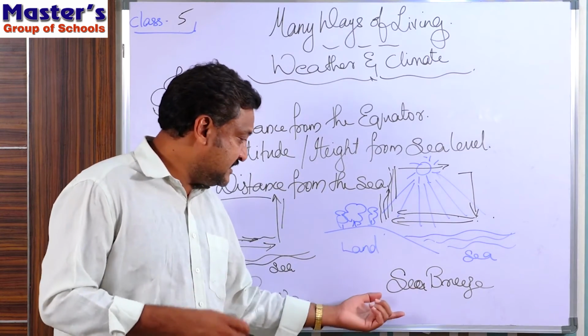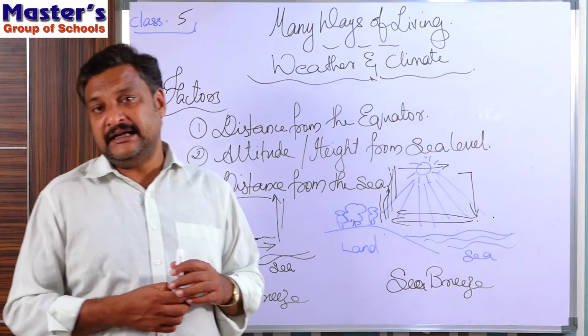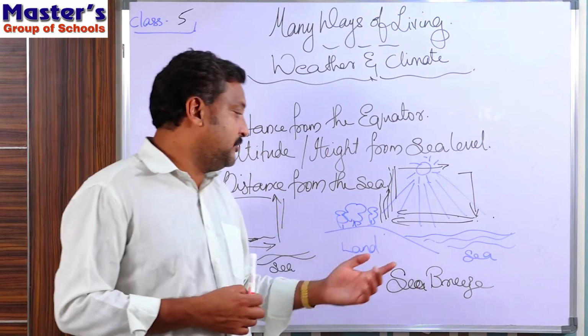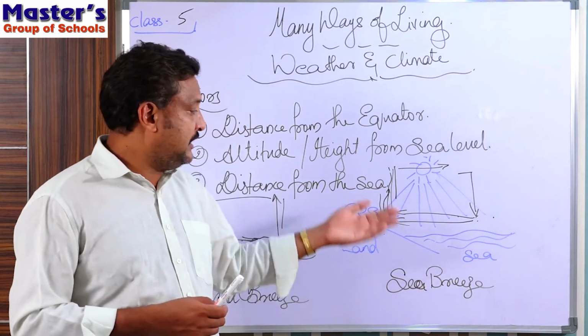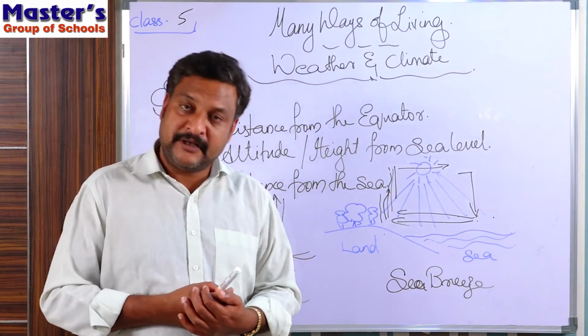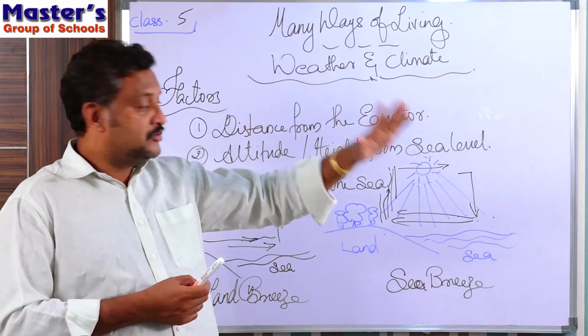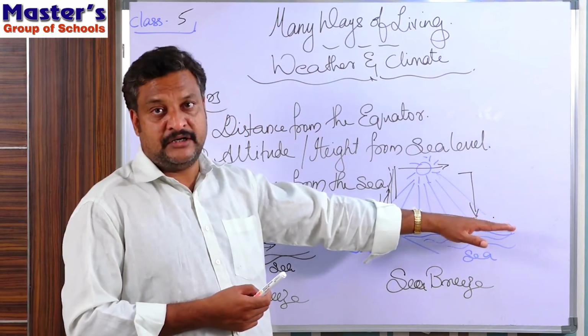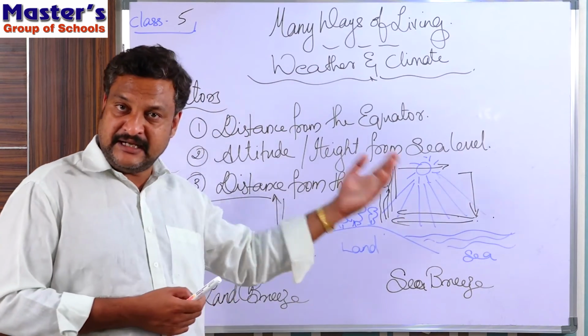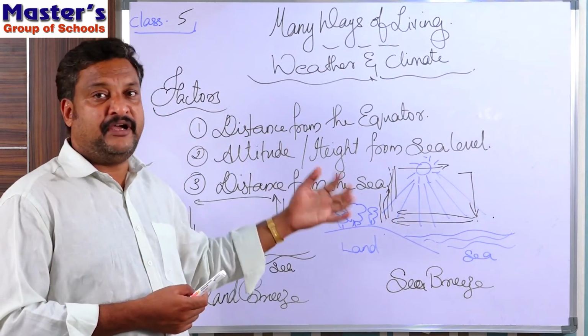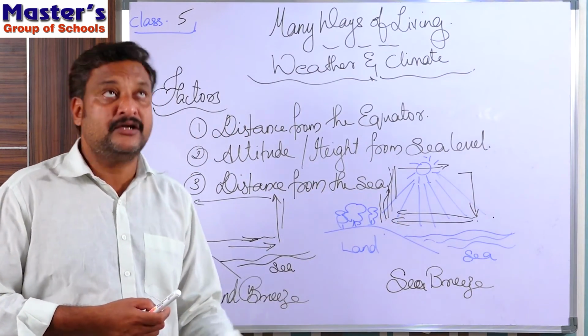Now, what is a sea breeze? During the daytime, the land gets warmer, the air above the land becomes hotter and lighter, and it goes up in the air. The cool air above the sea water flows in, replacing the place from where the air on the land rose up.